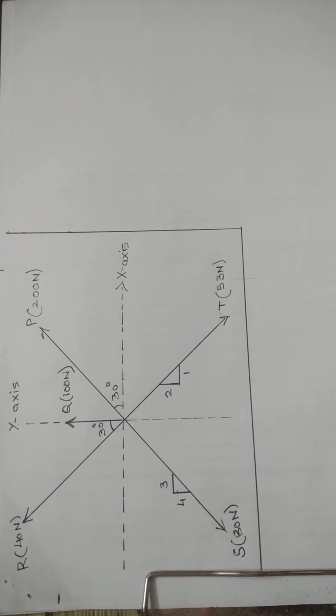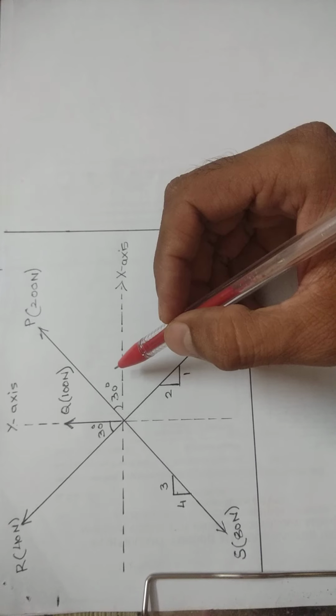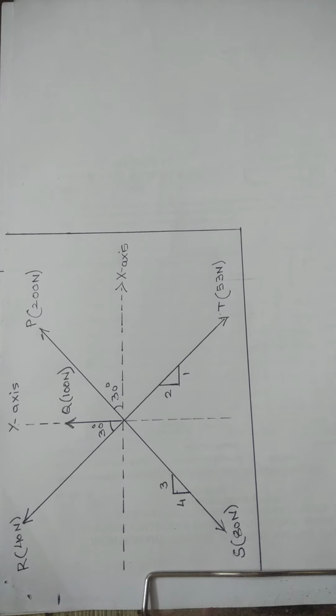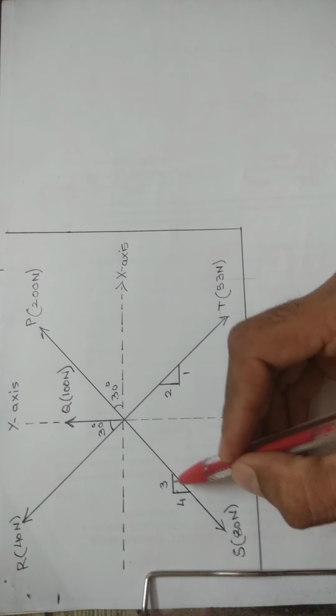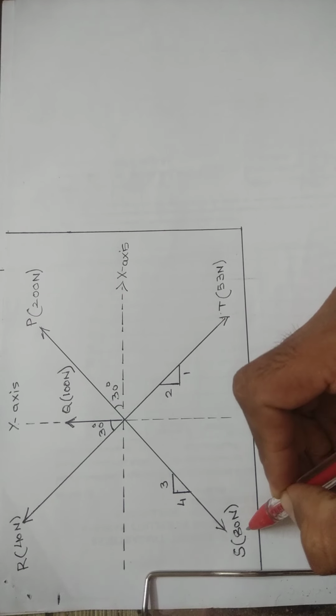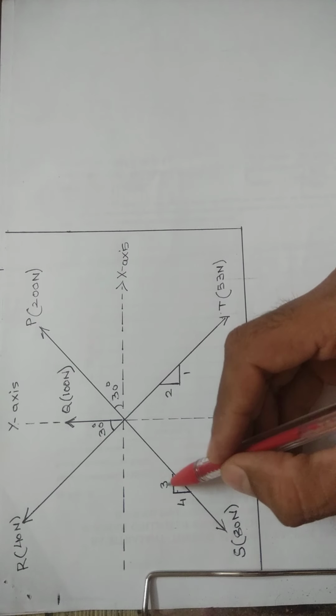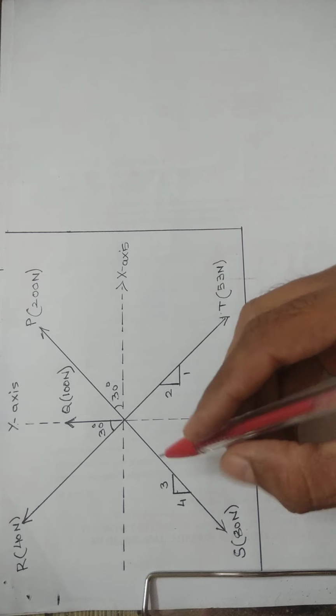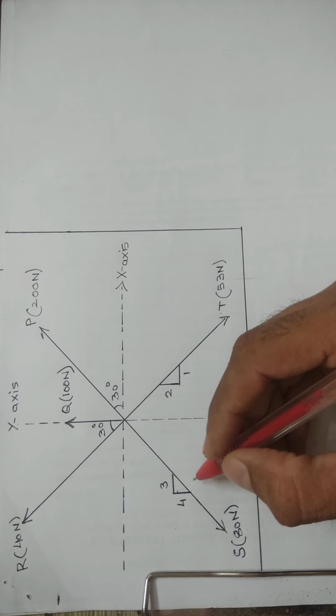Next, first we will solve the problems related to finding the angles. Here this angle is directly given, but these two angles are given indirectly. So how do we find the angle made by the 80 newtons with the help of 4 and 3, that is, the horizontal distance 3 and vertical distance 4 in the form of slope? This is the original figure.